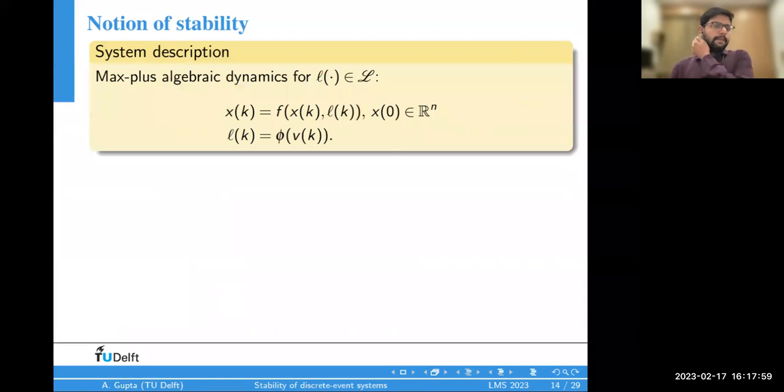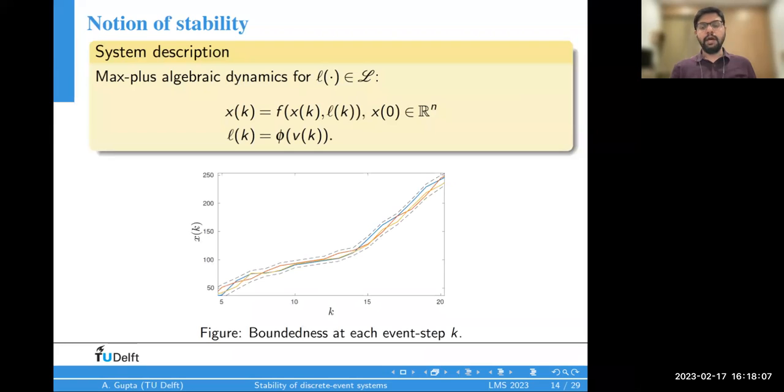Okay, so for our case, we have a general dynamics, and again, we discussed the notion of stability. We would like boundedness at each event step k. So we would like the norm of the state x of k, the Hilbert's projective norm, to remain bounded.